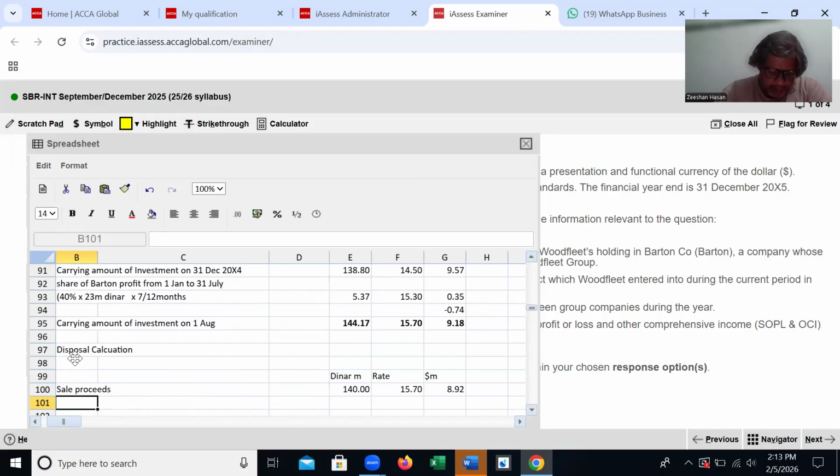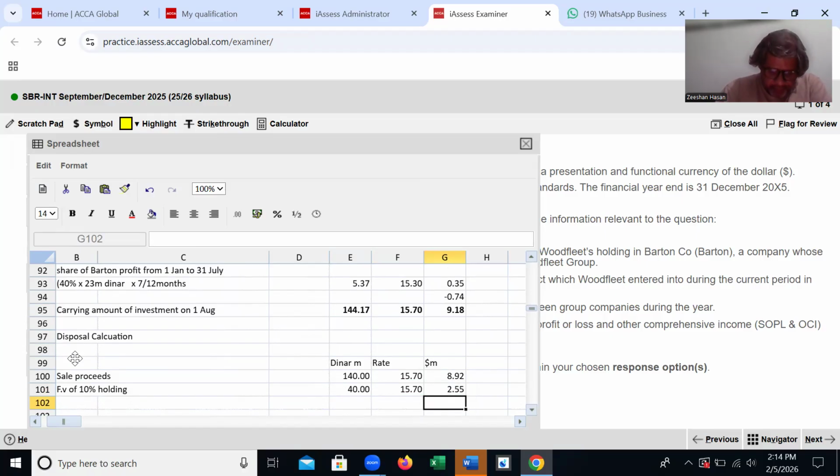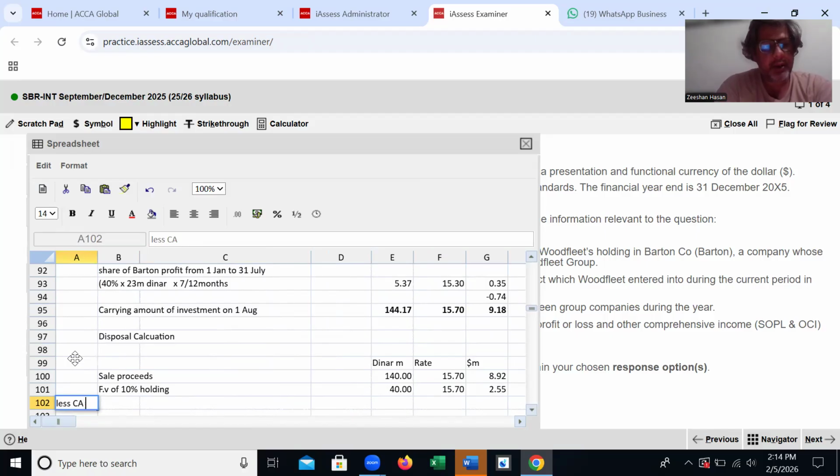Then definitely we will move to fair value of 10% holding. 40, 15.7, will get 2.55, less carrying amount at date of disposal, folks. 9.18.